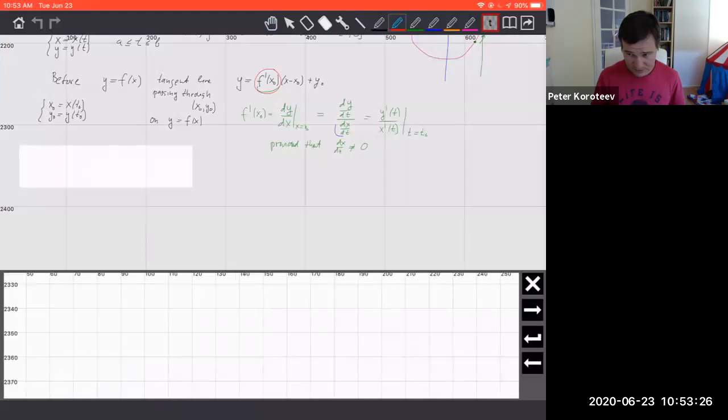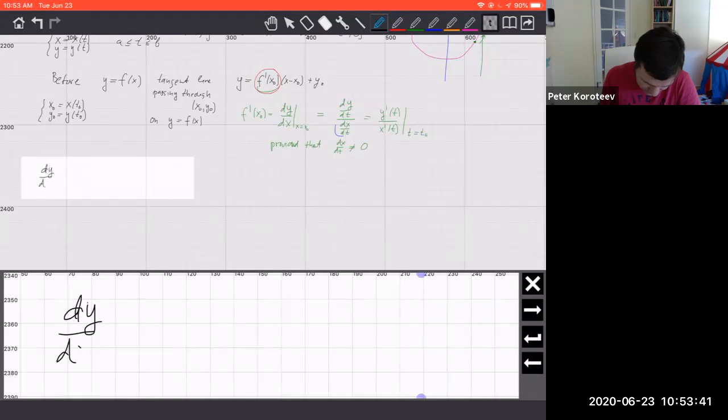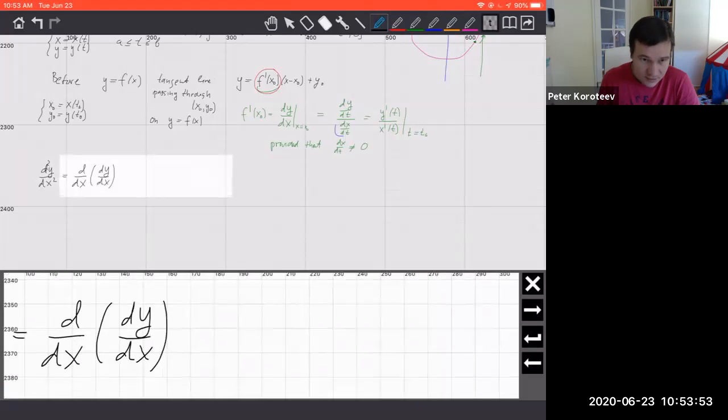Oh, yeah, and also let's calculate the second derivative, which you can use to study concavity properties, right? So let's calculate d2y over dx squared, right? So by definition, the second derivative is the derivative of the first derivative, right? And again, we can use the chain rule to represent it in terms of the derivative with respect to parameter t.